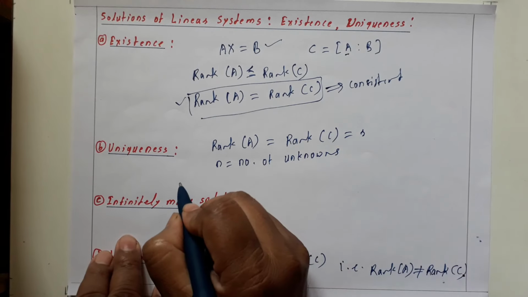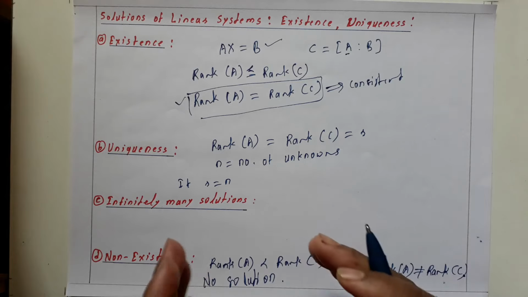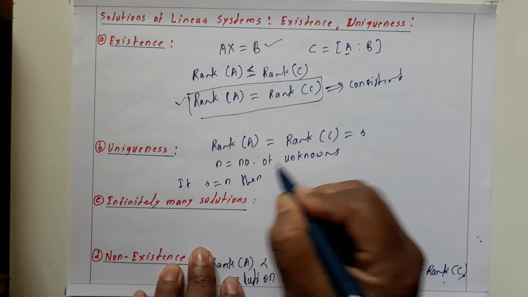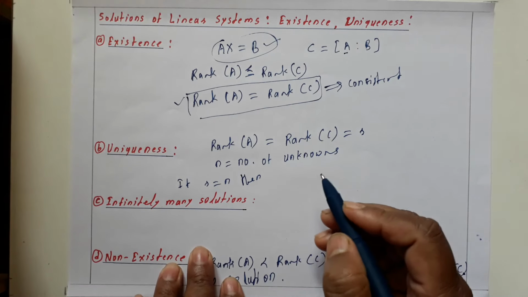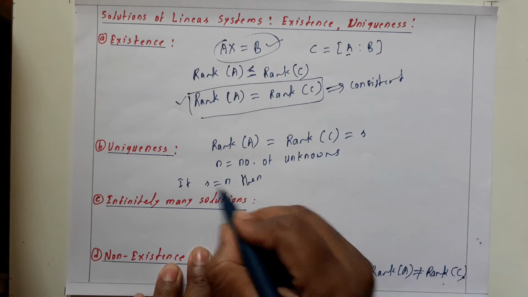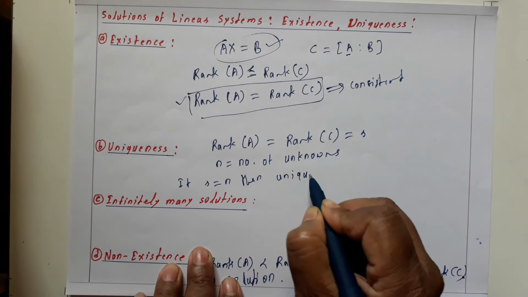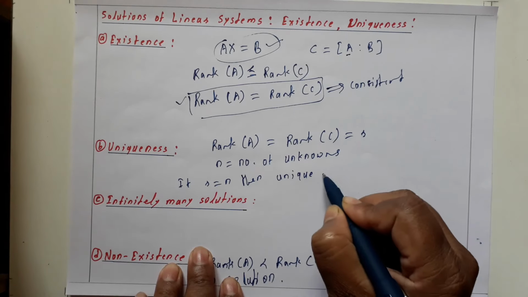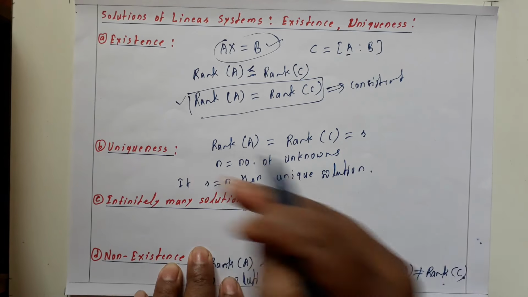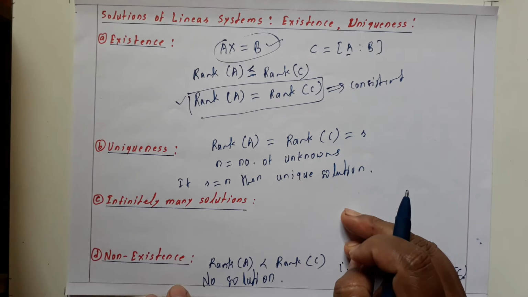Now again, if R is equal to n, means the common rank is equal to the number of variables, then the given system Ax is equal to B has a unique solution. So if R is equal to n, then the system will have a unique solution. So this is the uniqueness condition for the solution of linear system.